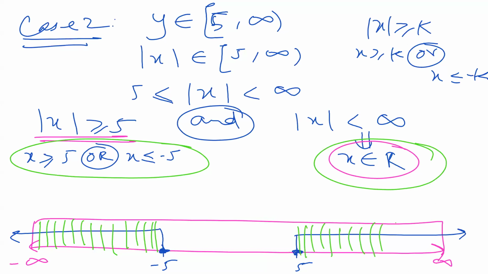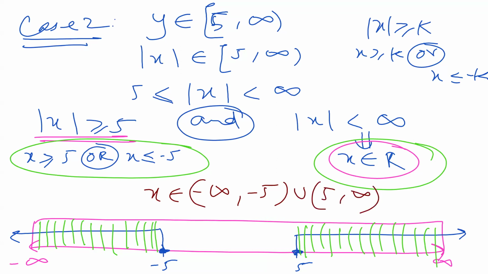So this is the common region for both the parts. So x lies between minus infinity comma minus 5 union 5 to infinity. But then 5 and minus 5 will have which bracket? Box bracket.